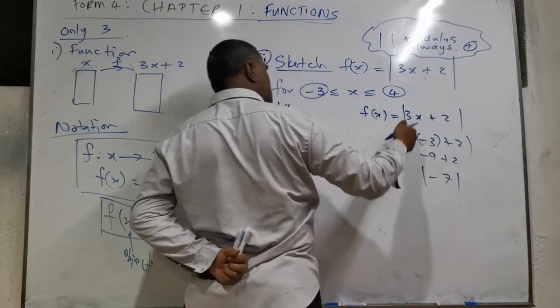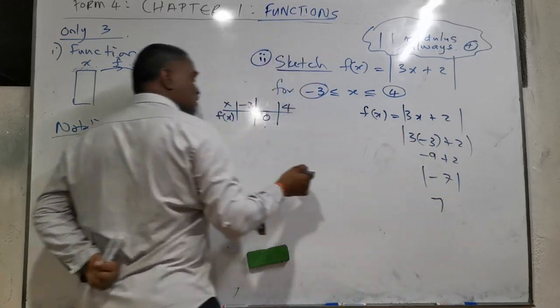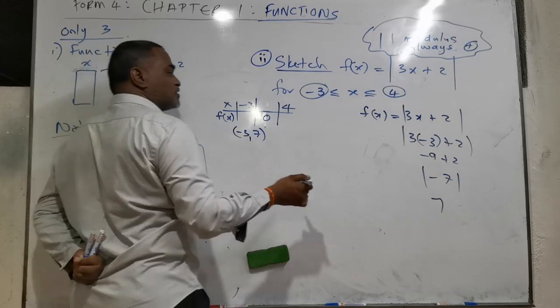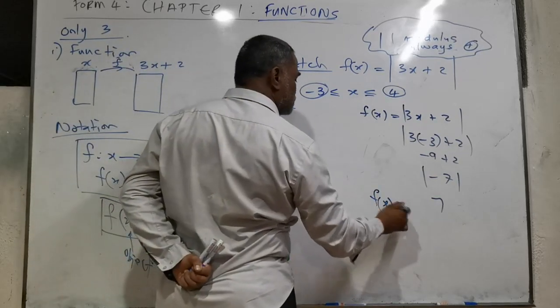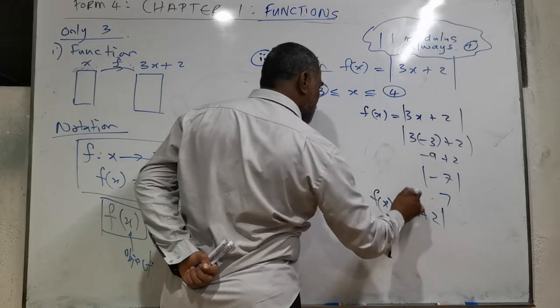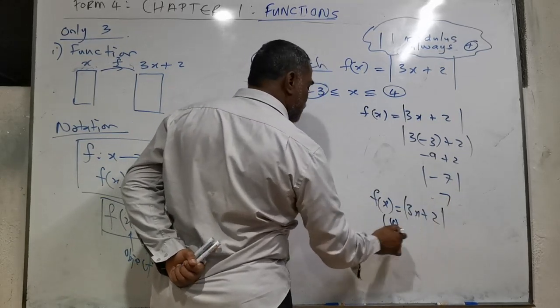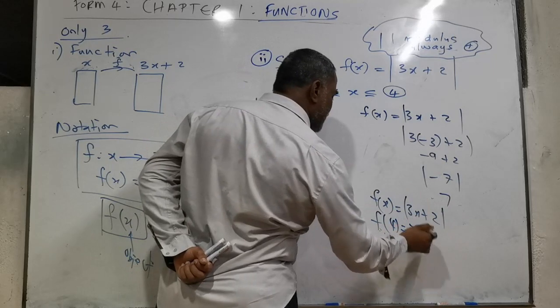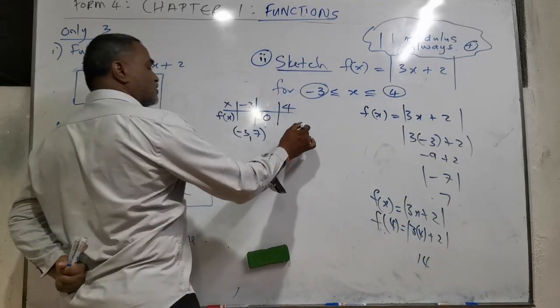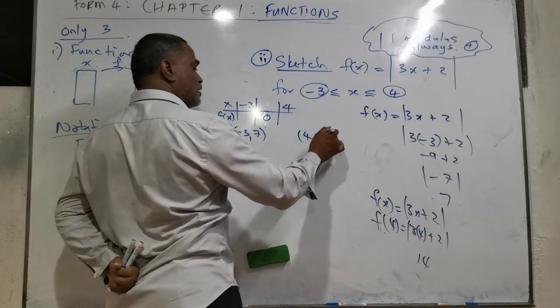Even though it is negative 7, because of the modulus we use 7. So negative always becomes positive. Then you substitute 4: 3 times 4 is 12, plus 2 becomes 14. So x is 4, y will be 14.